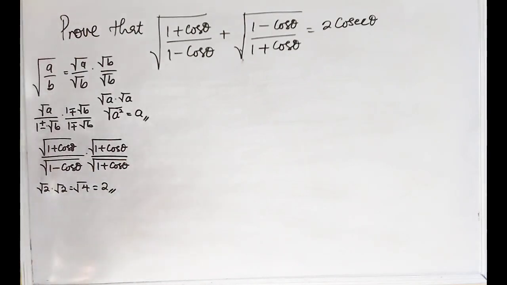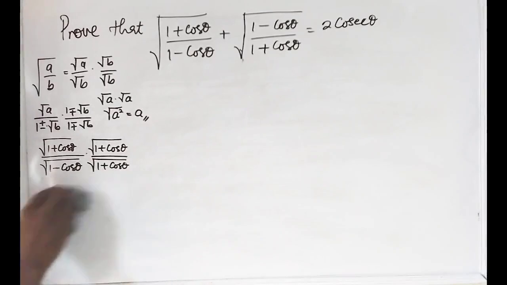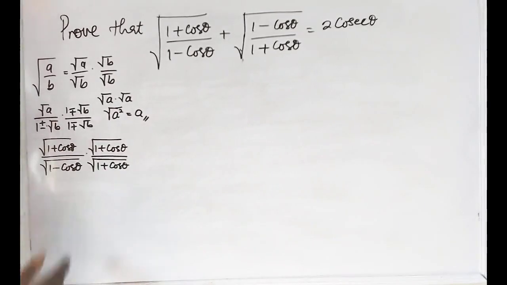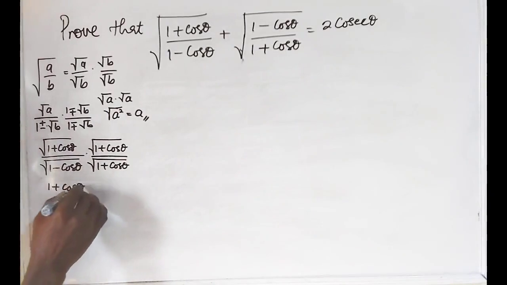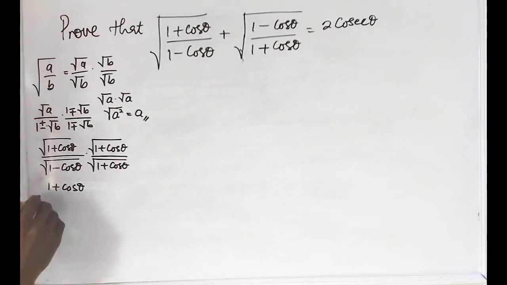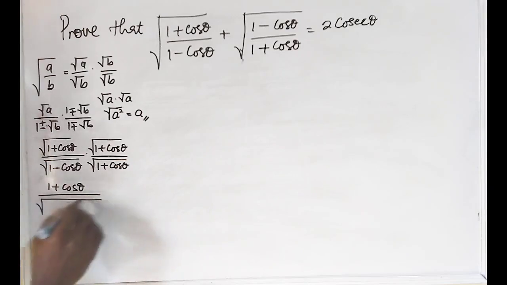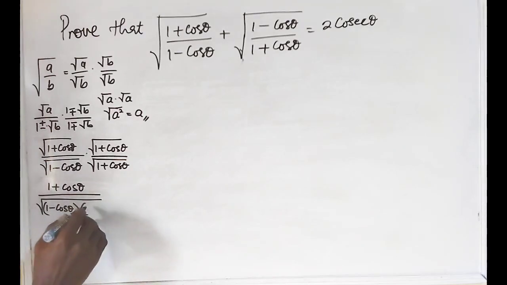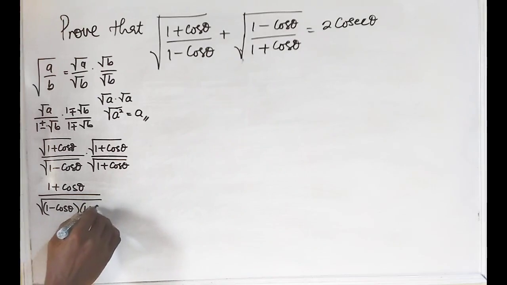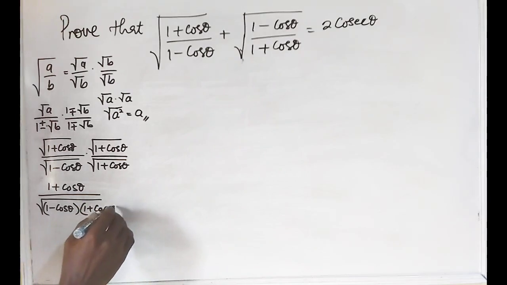So for the numerator here, we have 1 plus cos theta following this rule. Then the denominator is the square root of 1 minus cos theta times 1 plus cos theta.